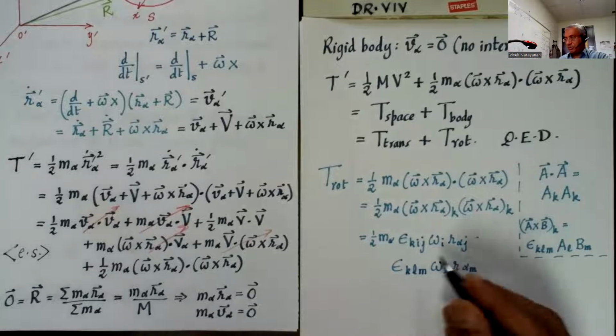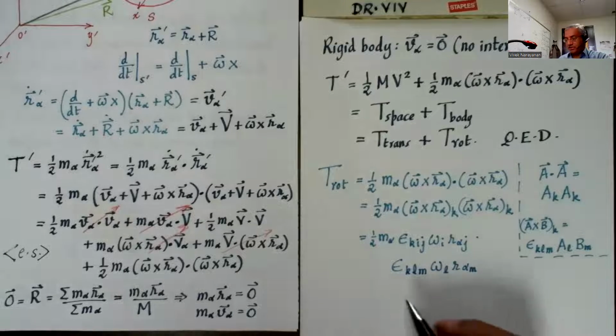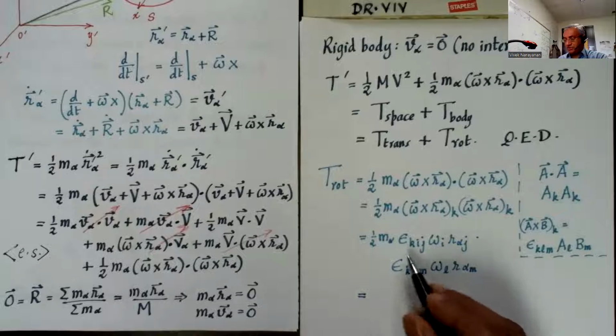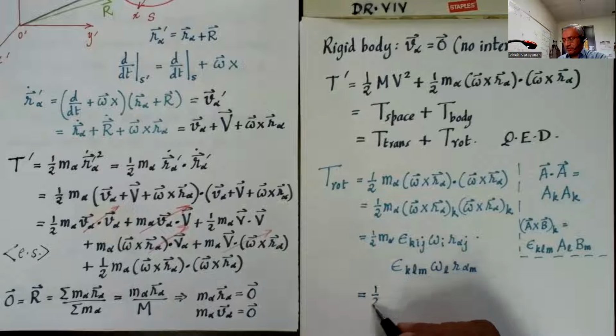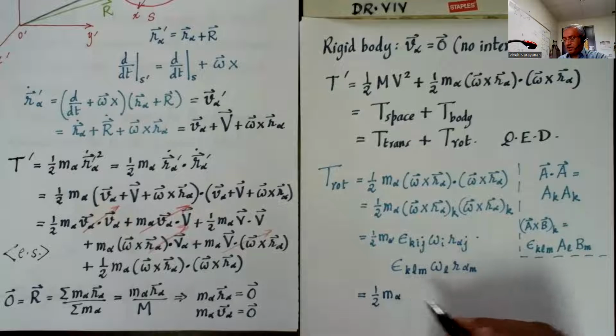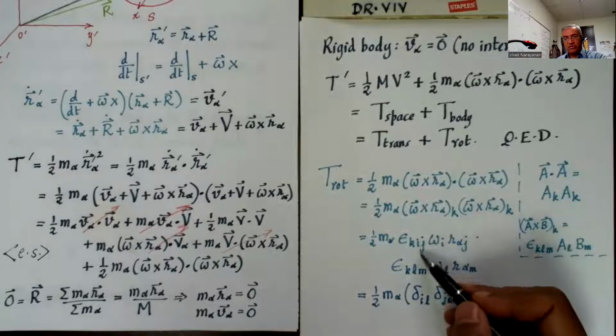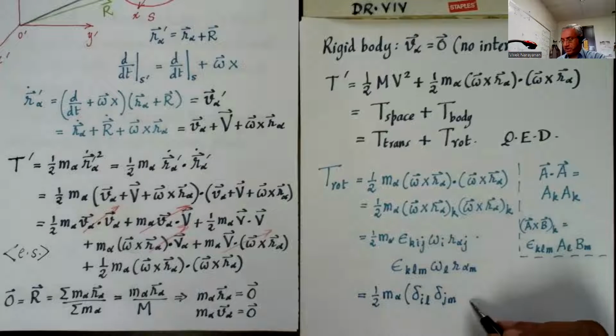So now, two epsilons, we can use the classic double epsilon identity. I'll move the two epsilons next to each other and use the double epsilon identity. It goes like this: epsilon kij times epsilon klm is delta il delta jm, so in other words, go directly first and then go crosswise, delta im delta jl.